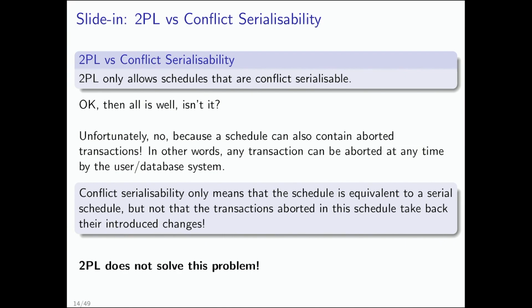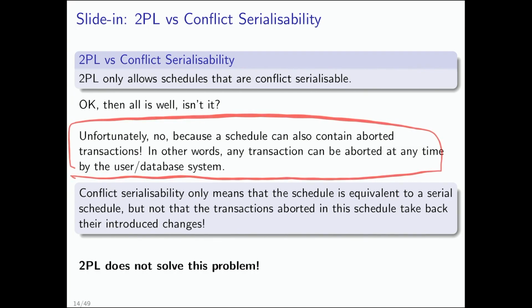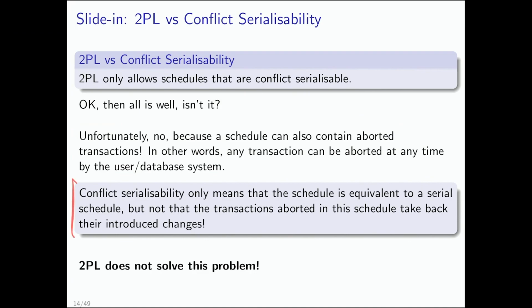schedules that contain aborted transactions. In other words, transactions can be aborted at any time by the user or database system. Conflict serializability only means that the schedule is equivalent to a serial schedule, but not that the aborted transactions in this schedule take back their introduced changes.